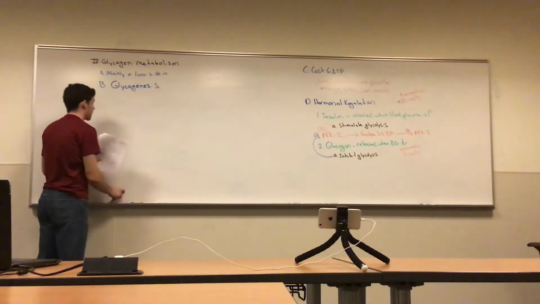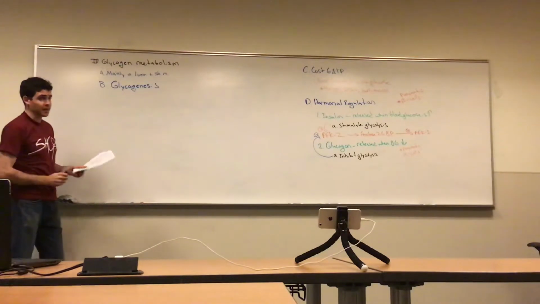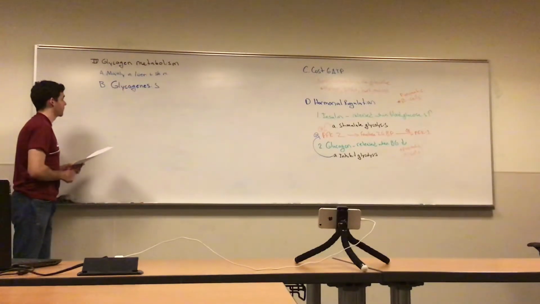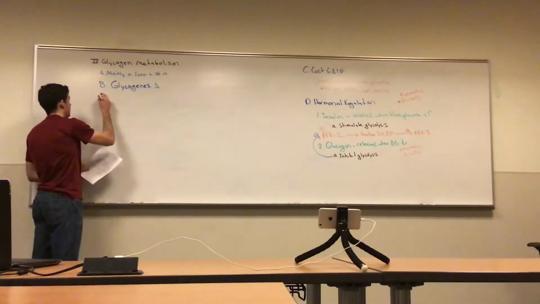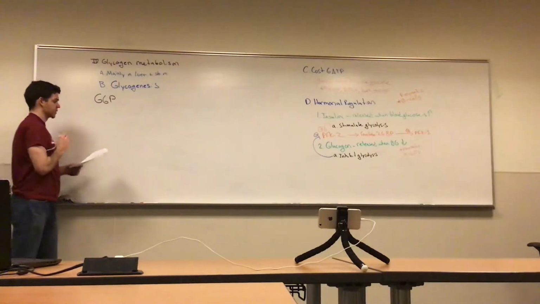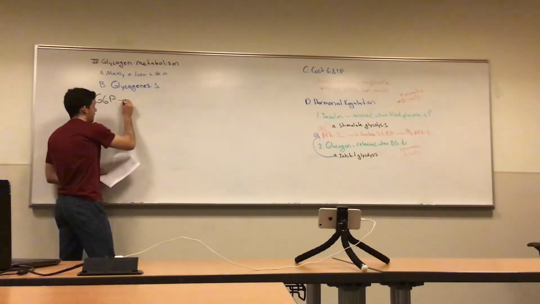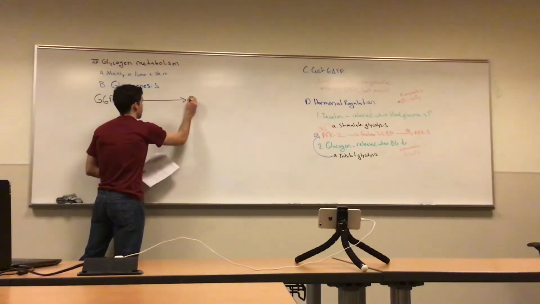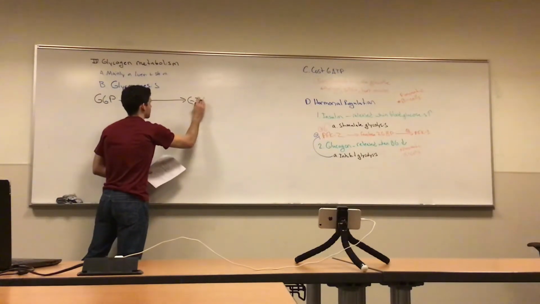So we start with one of those intermediates that we had in glycolysis, which is glucose 6-phosphate. So we have glucose 6-phosphate, and we turn it into glucose 1-phosphate.